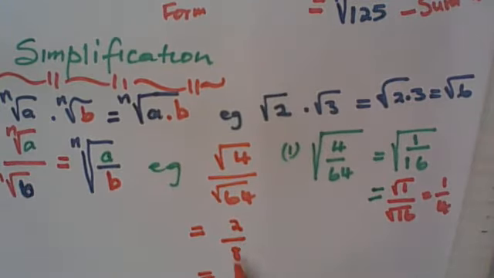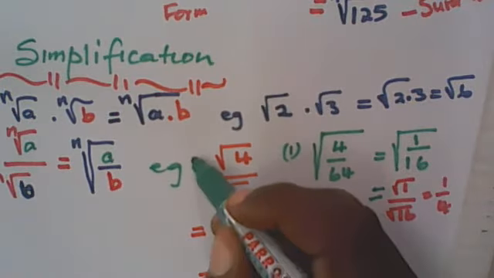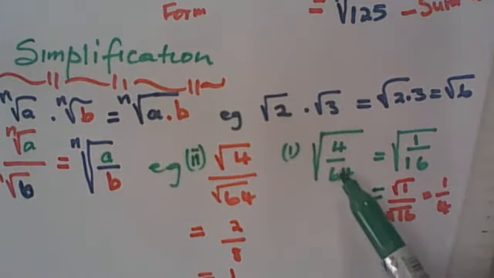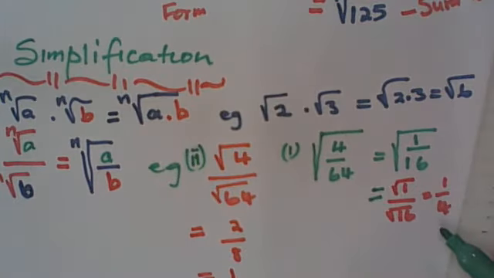And then 2 over 8 is 1 over 4. And that's it. Two options. Option 1, option 2. That's it. So we are just about to finish with this.